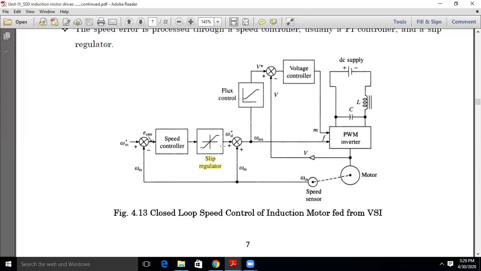Either your motor has to function below rated speed, which is motoring action, or above rated speed, which is generating action.